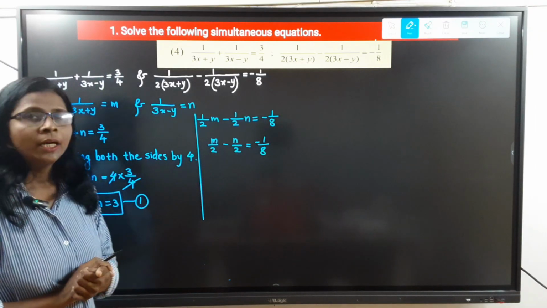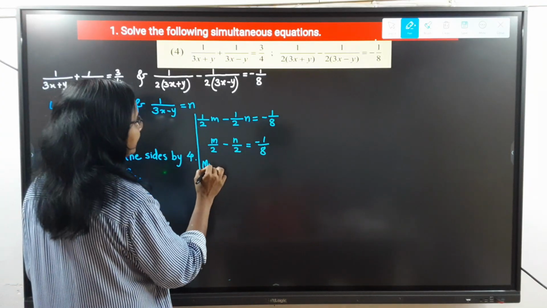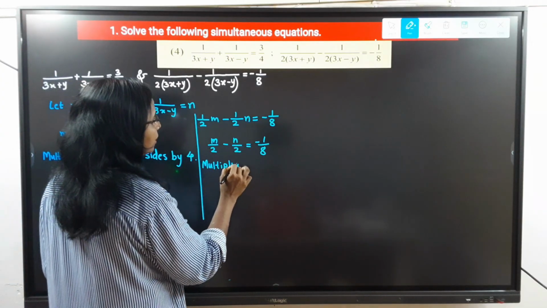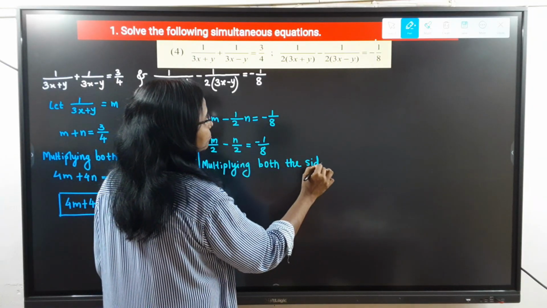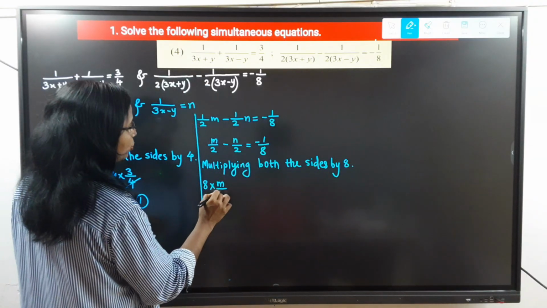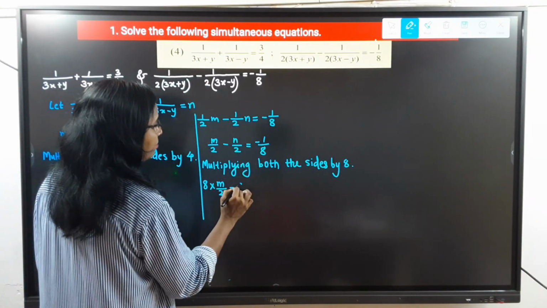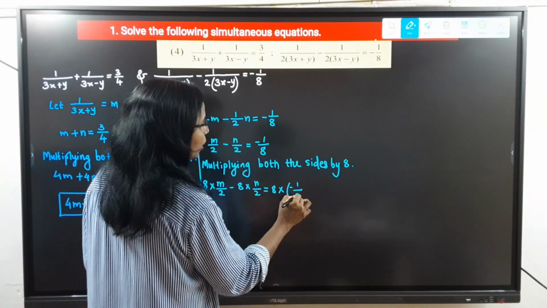So now multiplying both the sides by 8. Therefore 8 multiply m upon 2 minus 8 multiply n upon 2 is equal to 8 multiply minus 1 upon 8.